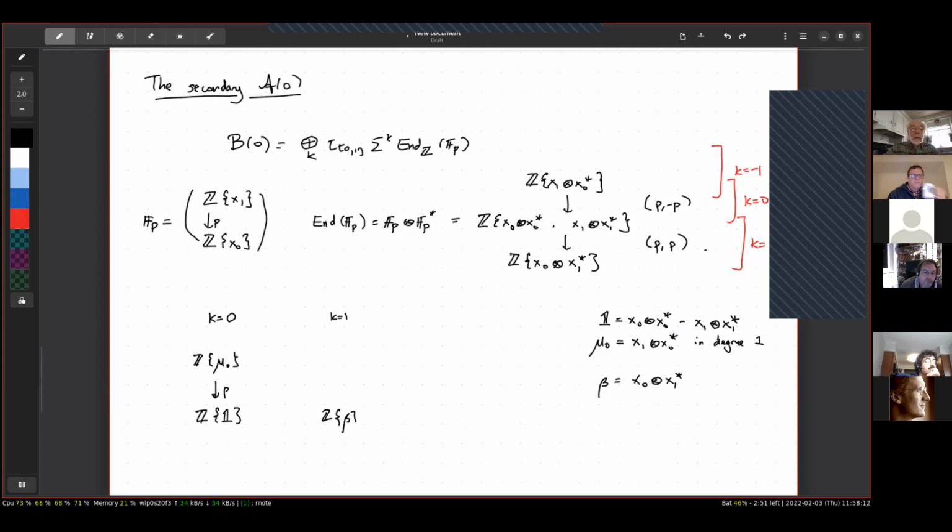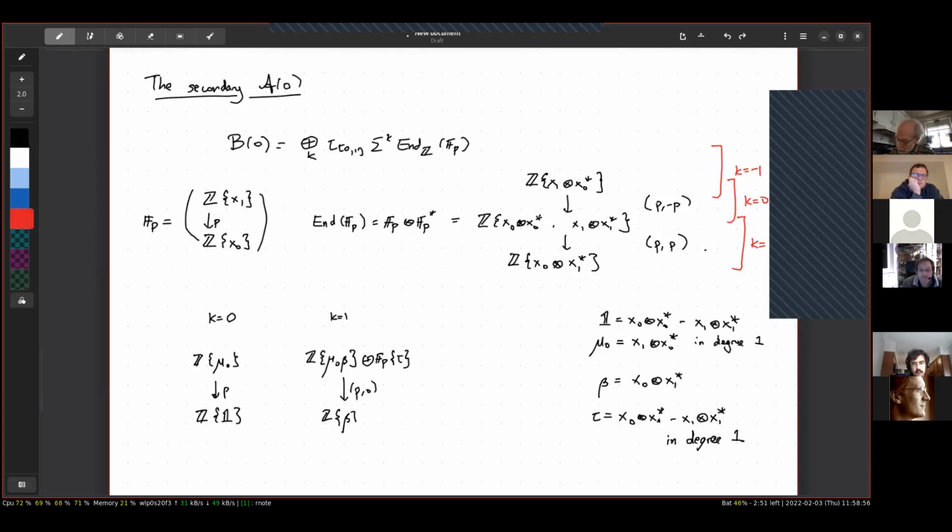So we have Z adjoin mu naught beta. And we also have x0 tensor x0 dual minus x1 tensor x1 dual on top. I'll call that tau. So tau sort of looks like 1, but it's in degree 1. And p times this is trivial, so this is F_p adjoin tau, and the map is p comma 0.